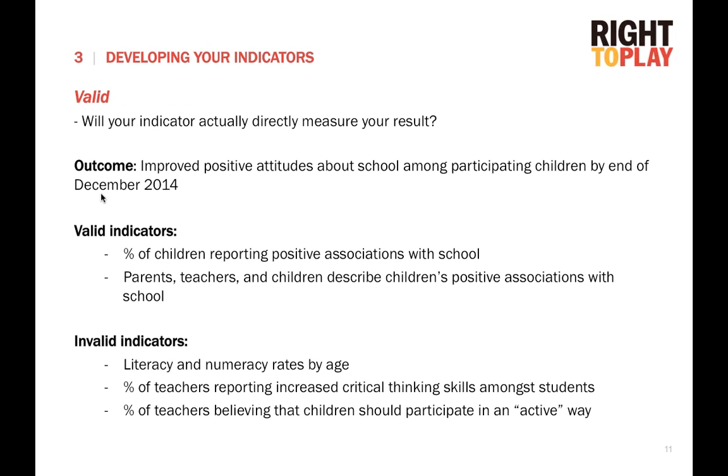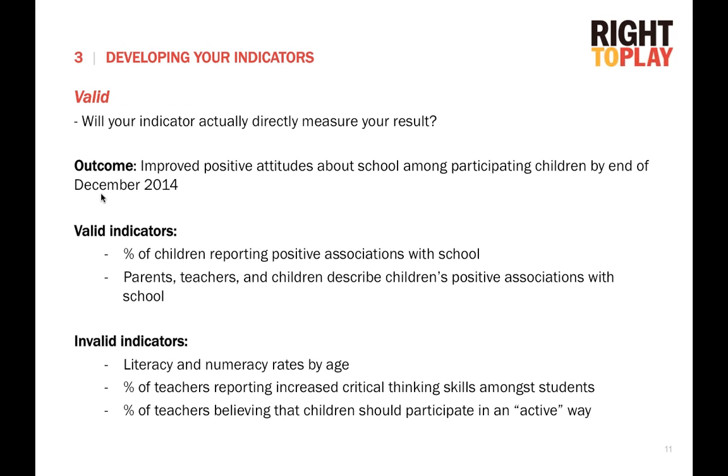I've also given some examples of less valid indicators, such as literacy and numeracy rates by age, percent of teachers reporting increased critical thinking skills among students, percent of teachers believing that children should participate in an active way. Now, all of these indicators that I've listed as invalid are related to education outcomes, and they might be linked in an indirect way to children's positive attitudes.